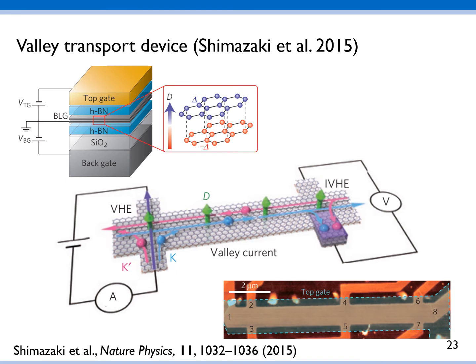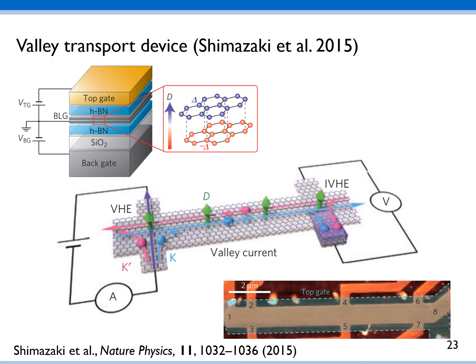Here you can see the example of an experimentally realized valley transport device. So here you can see the stack of materials that was used for the device, and the active channel was a bilayer graphene in which inversion symmetry was broken by an applied electric field.